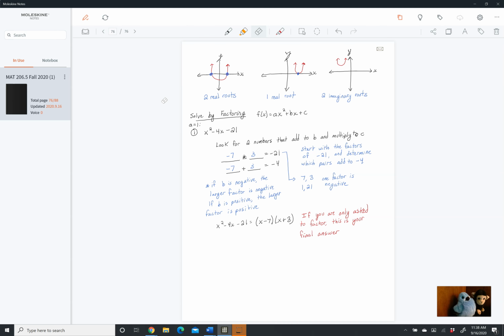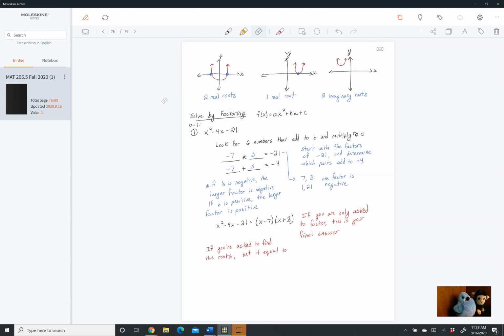Okay. If you're asked to find the roots, then you need to solve this. So when you're asked to find the roots of any polynomial, set it equal to 0. The reason why you're setting it equal to 0, remember, is that you're trying to figure out what the x-intercepts are.